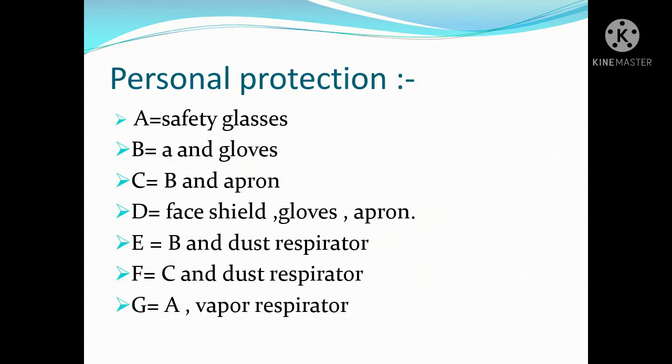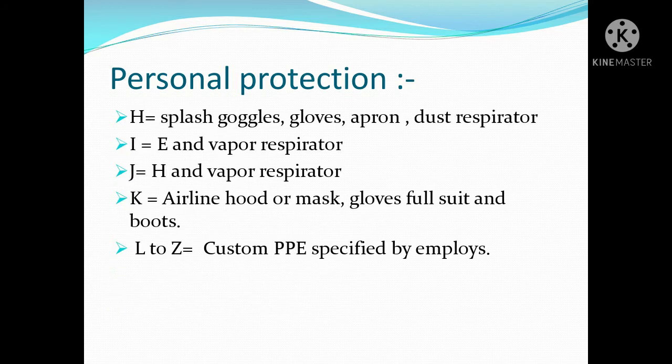A includes safety glasses, B includes safety glasses and gloves, C includes B and an apron, D includes face shield, gloves and apron, E includes B and a dust respirator, F includes C and a dust respirator, G includes A and a vapor respirator, H includes splash goggles, gloves, apron and a dust respirator.